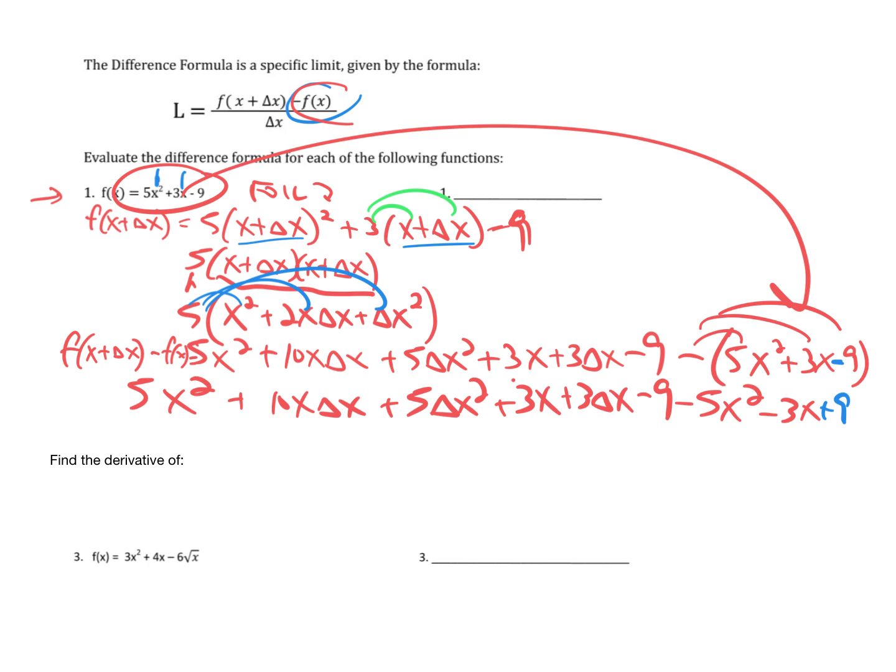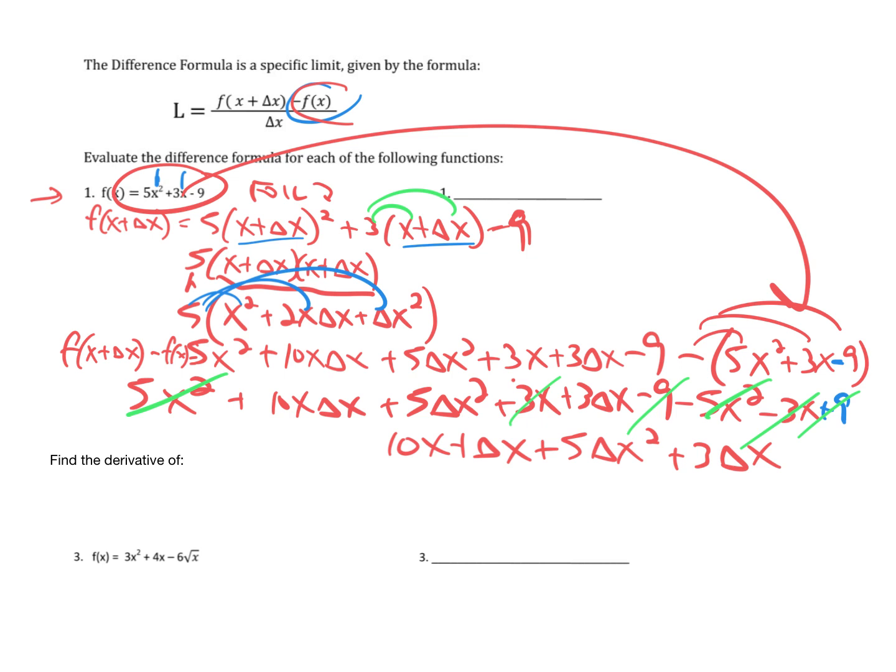So now I'm going to have 5x squared and negative 5x squared, they cancel. Negative 9 and positive 9, they cancel. And then 3x and negative 3x cancel. So I have 10x delta x plus 5 delta x squared plus 3 delta x left over.